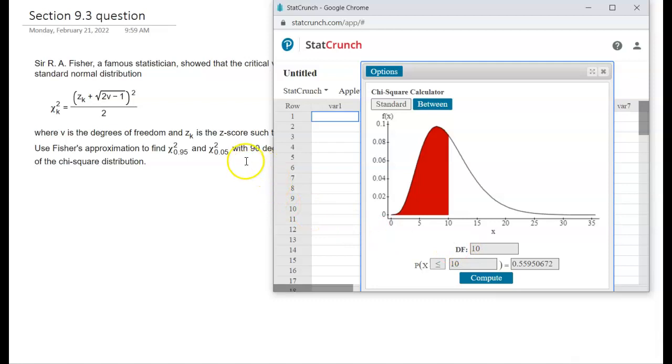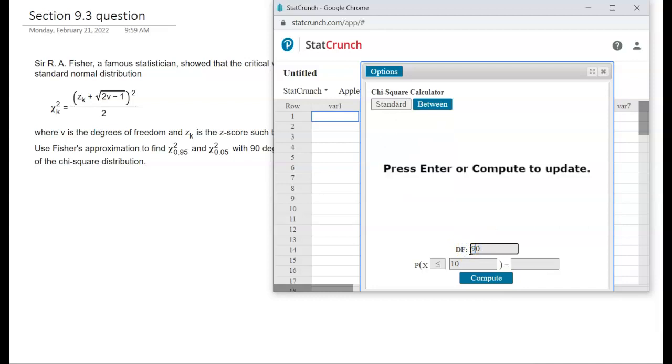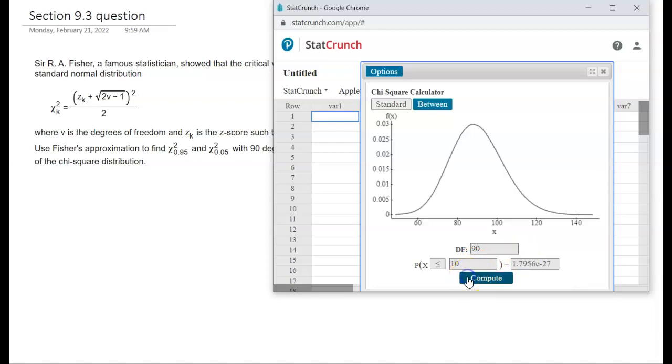We're told that we have a scenario with 90 degrees of freedom, so we say 90. Now, if you're given an N instead of a degrees of freedom, where N is the number of outcomes per trial, then your degrees of freedom is just N minus 1. So we put in our degrees of freedom, and you can just hit compute right there.